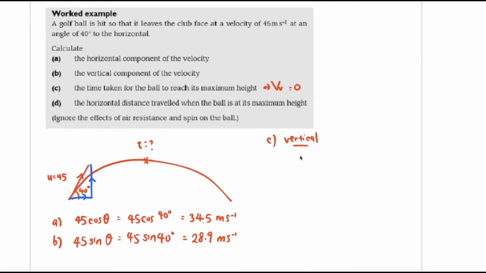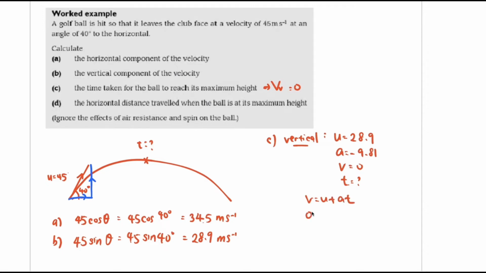We want to find the t, right? So for the vertical component, we have u equal to 28.9 from part B, a equal to negative 9.81, and v equal to 0. So we are looking for t. We use v equal to u plus at for the vertical component only.